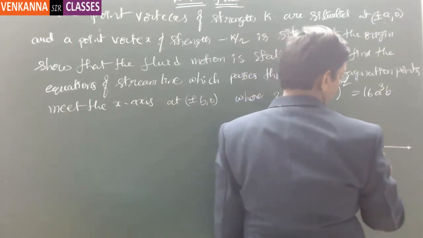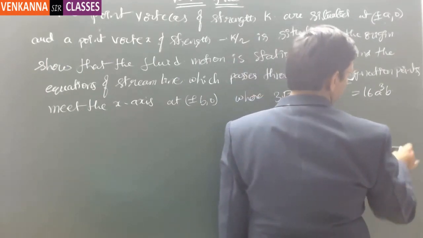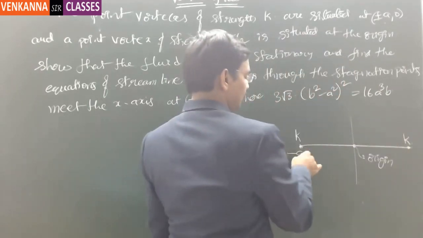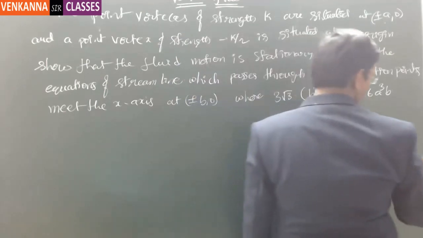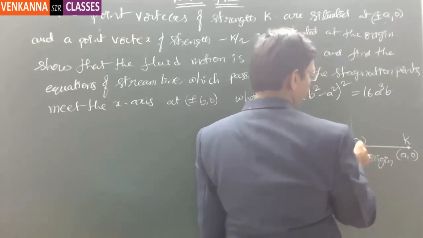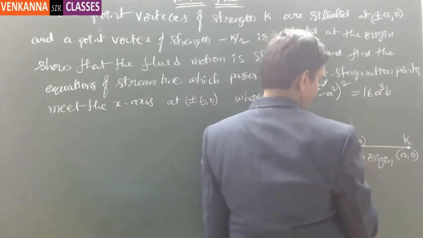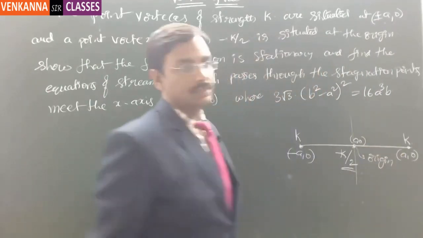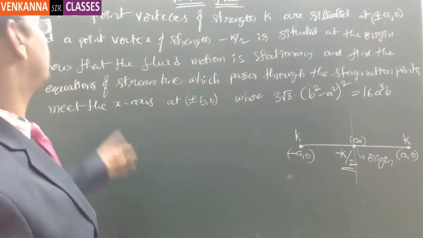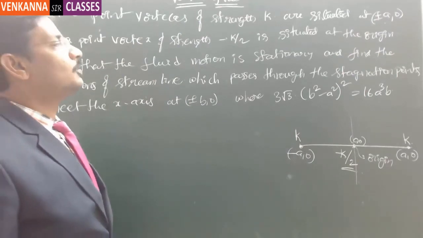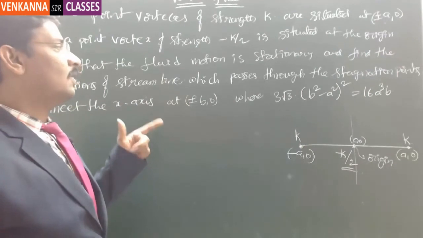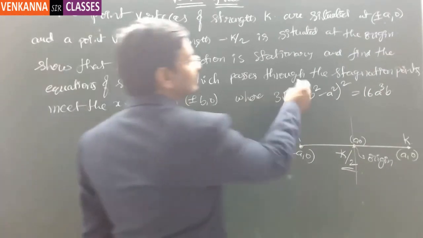So this point is origin, and this is of strength K and this is also of strength K, and this is at minus A comma 0 and this is at plus A comma 0 location, and this is the origin 0 comma 0 where at this particular point there is minus K by 2 strength. So there is one more vertex. Got it? Show that the fluid motion is stationary and find the equations of streamlines which pass through the stagnation point.